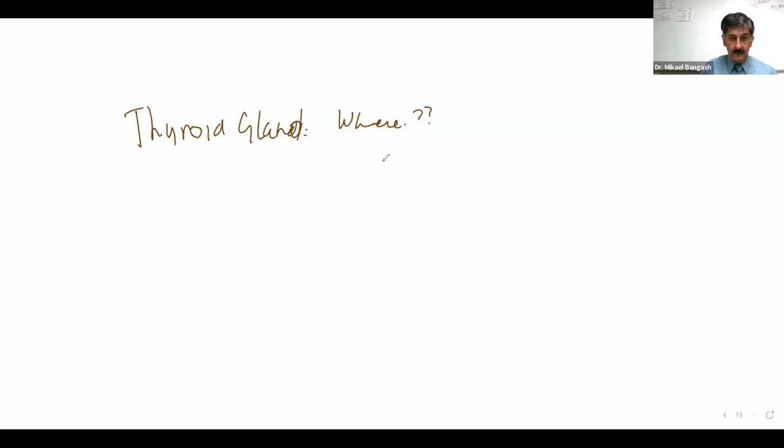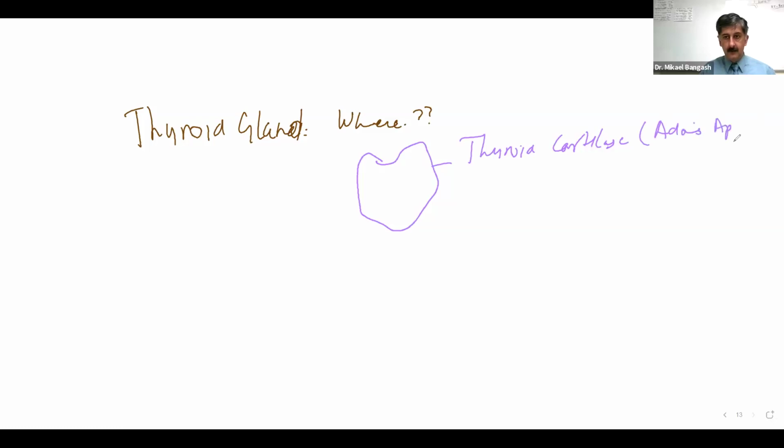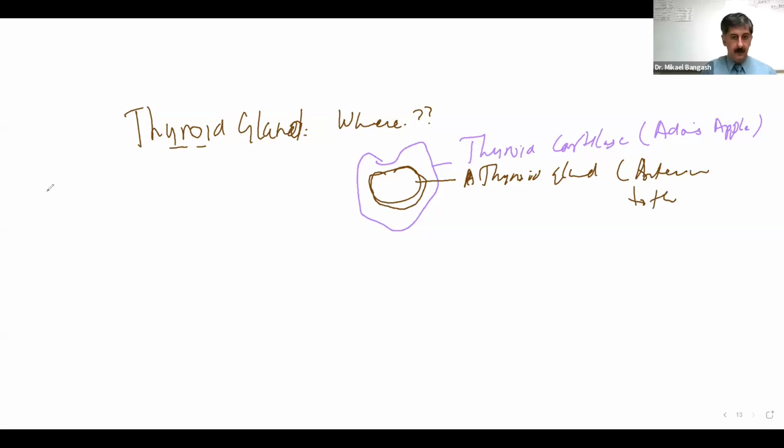If you said this was the thyroid cartilage, which in a previous session we also called the Adam's apple, then your thyroid gland is going to be on the anterior surface, anterior to the thyroid cartilage.